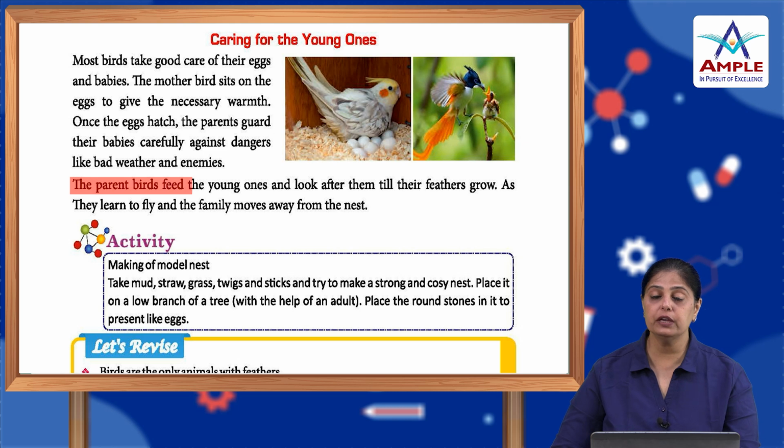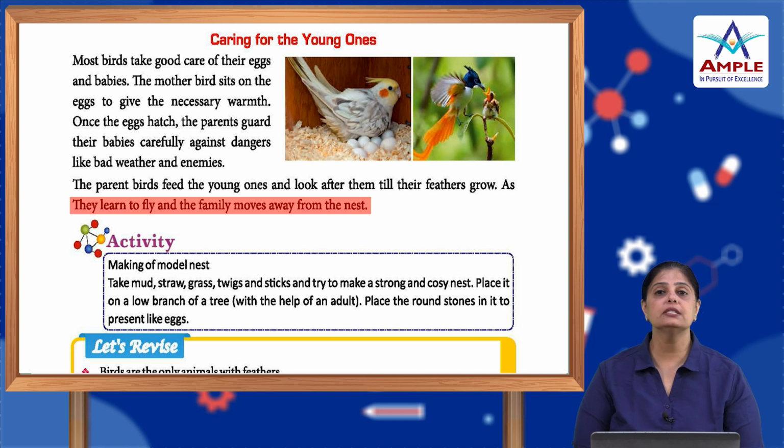The parent birds feed the young ones, and they look after them till their feathers grow. As they learn to fly, the family moves away from the nest. So, the parents stay with the young ones only until they start learning to fly by themselves. Once they fly by themselves, the parents do not stay with their babies.